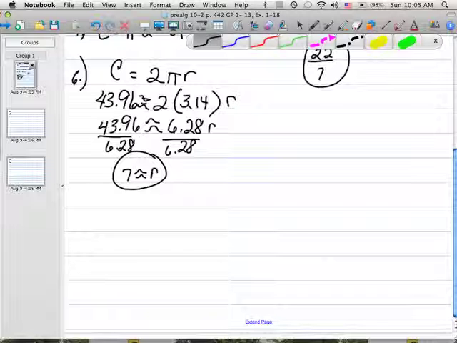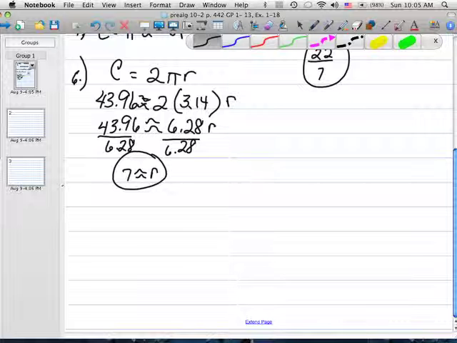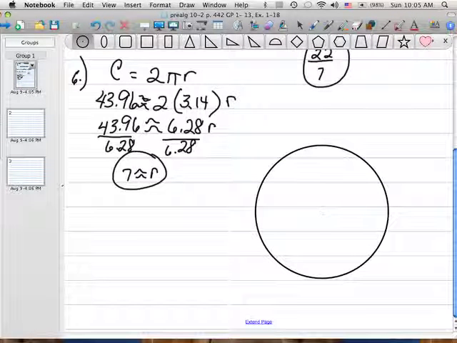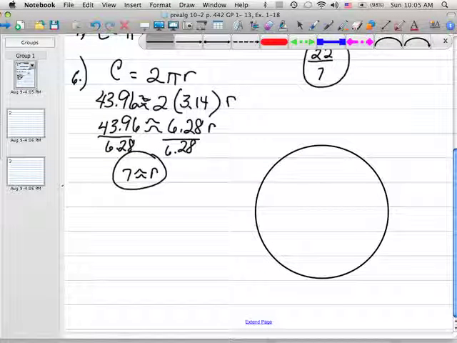And problem number 8, use the figure at the right. So I'm going to go ahead and draw that figure and put the things that they have in it, the chords and the radii and so on.